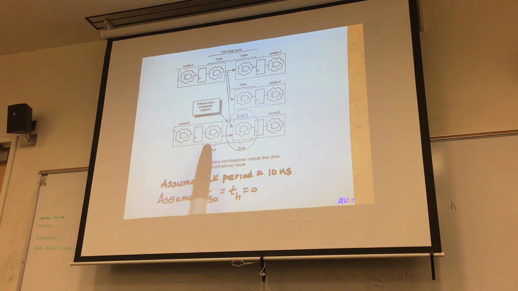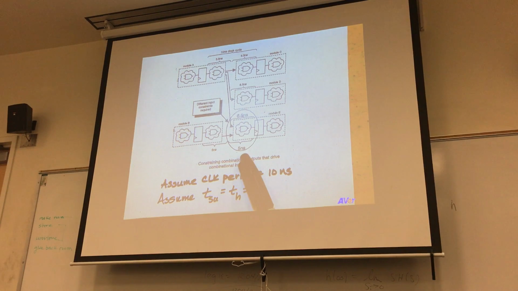This module B has a 5 nanosecond propagation delay, which means that if you're going to use a 10 nanosecond clock, this would have to have no more than a 5 nanosecond input propagation delay.